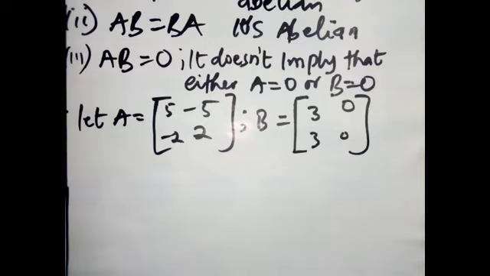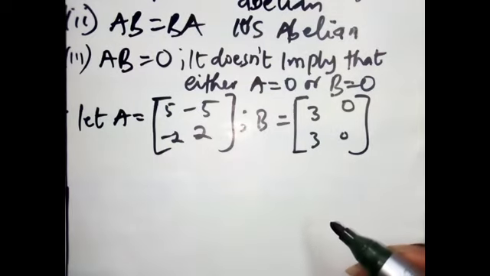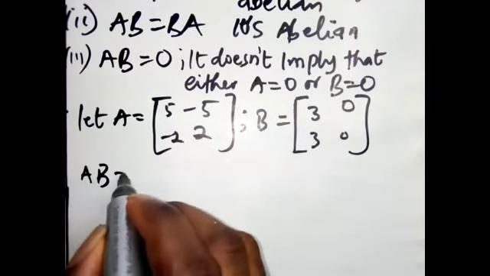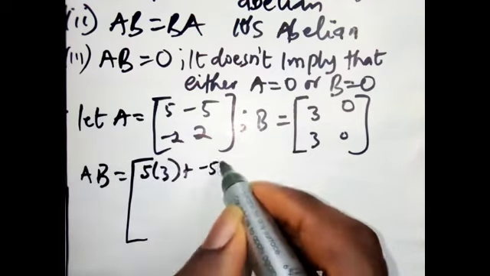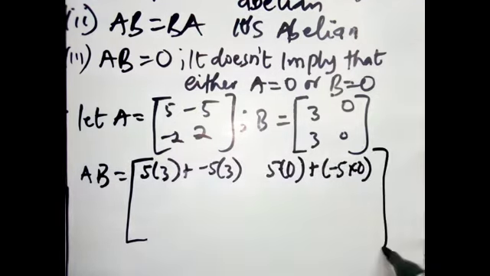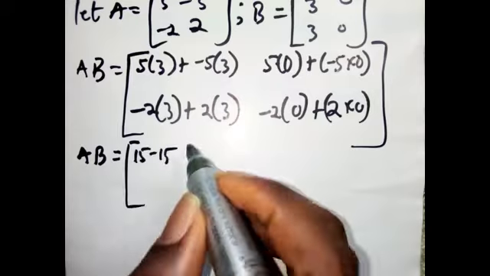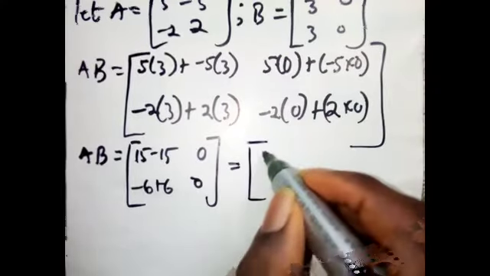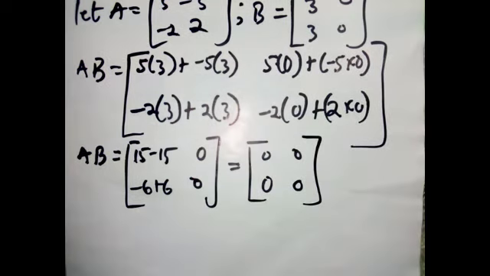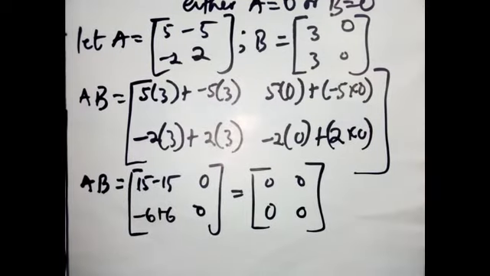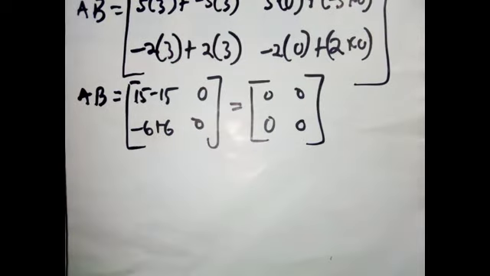They are two non-zero matrices, but let's find out what their product will look like. As you can see, even though matrix A and matrix B are two non-zero matrices, the product of both will give us a zero matrix or a null matrix.